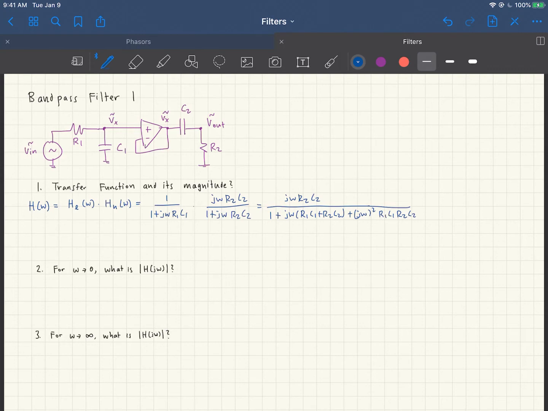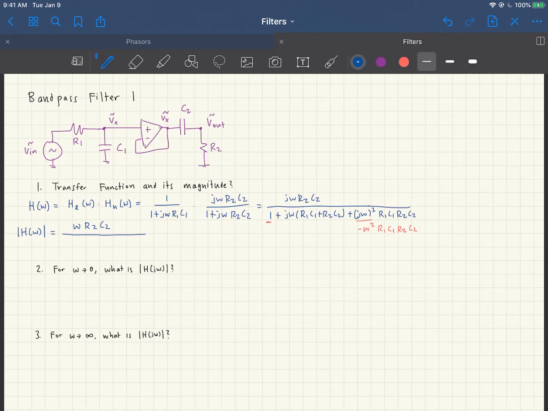Now if we want the magnitude of this transfer function, the magnitude of H of omega, then we take the magnitude of the numerator, that's going to be omega R2 C2, and then the magnitude of the denominator. We have a real part here, because this is minus omega squared, and then we have the imaginary part, R1 C1 plus R2 C2.